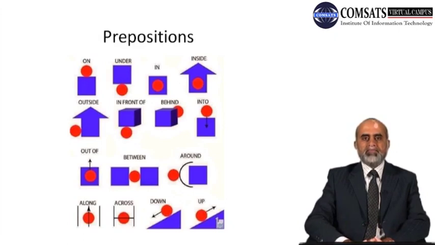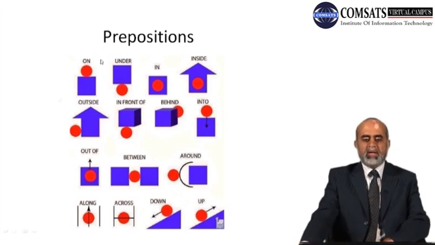Well, probably you are already familiar with prepositions, but just a quick recap. If you look at the picture here, you have a little red ball lying on top of a square. And what preposition do we use for it? On. So we'd say the ball is on the box. Here we would say the ball is under the box. Here we would say the ball is in the box.